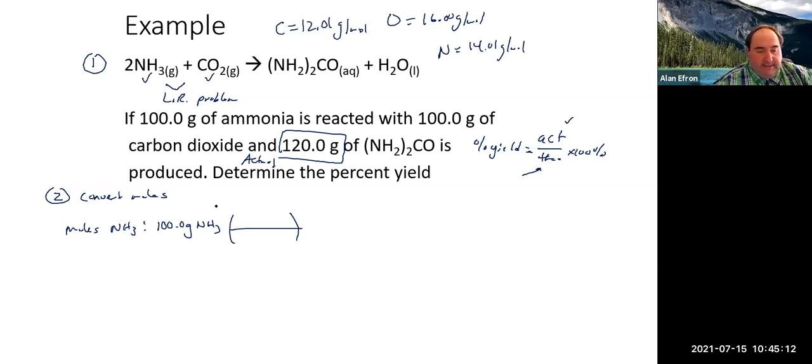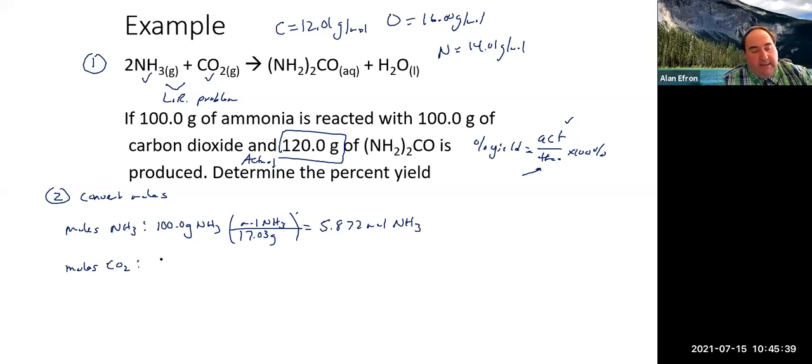That looks like a 17.03 situation, grams per mole of NH3. We're going to take our 100 and divide it by 17.03, looking like we get 5.872 moles of NH3.